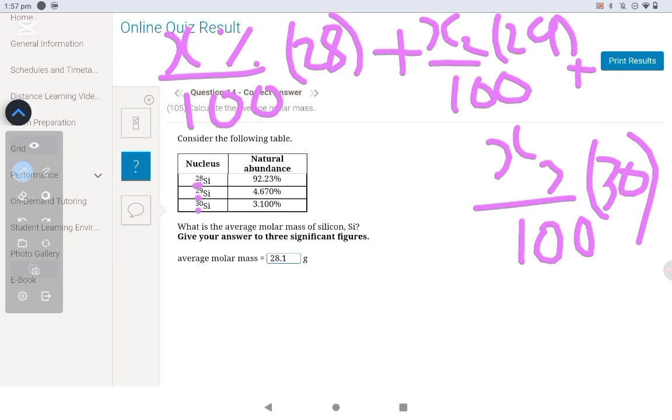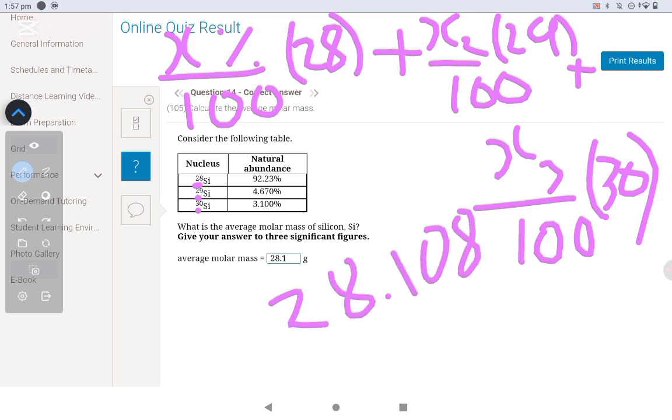We are going to end up with 28.1087. Rounded to 3 significant figures, that's 28.1.